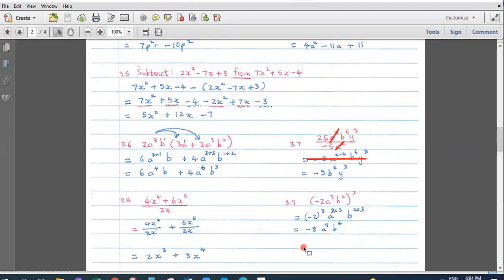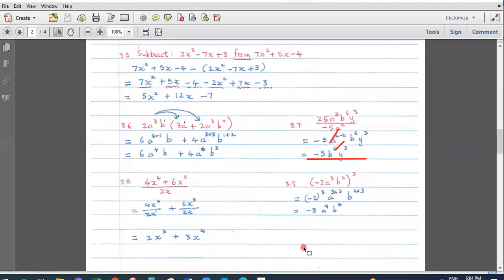Now 3.9. This is another law of exponents. If you're raising a power to another power, you multiply. Note the multiplication. You multiply exponents. So when you are multiplying, you add; dividing, you subtract.